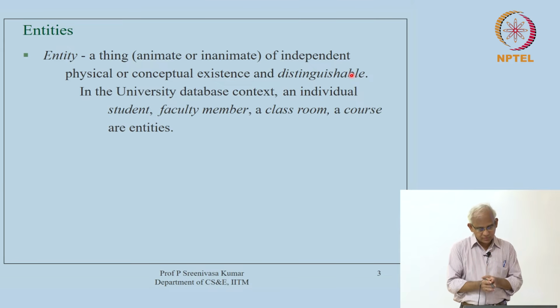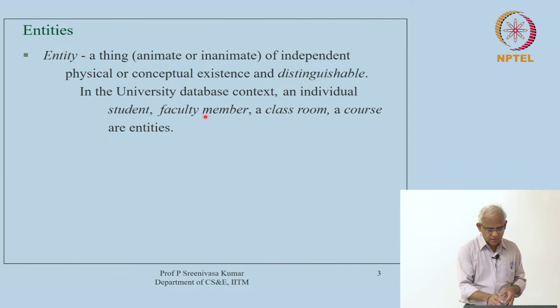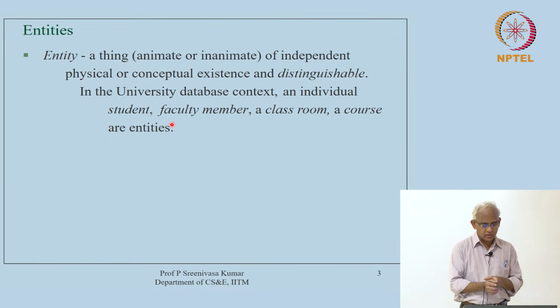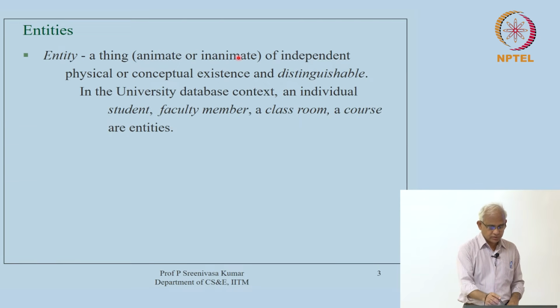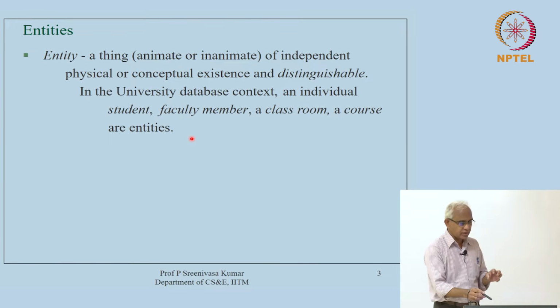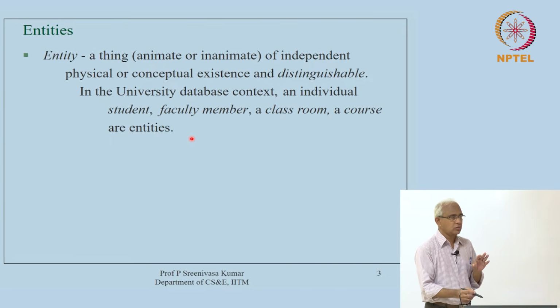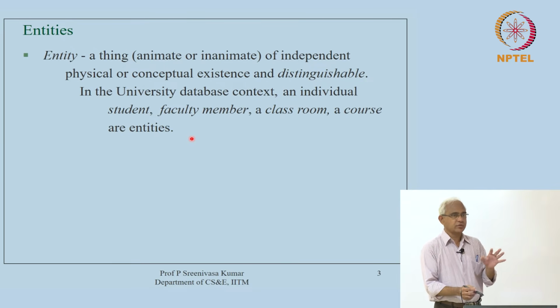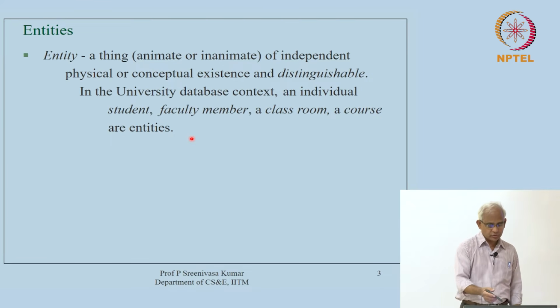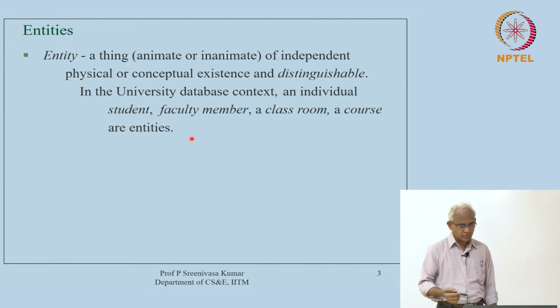All of them look alike, whereas here these entities are clearly distinguishable from each other, and they are of independent existence. This concept of entity is made use of in this data model to capture what are the entities of interest in the domain to be kept track of. Okay. So, for example, in the university database context, entities like students, faculty members, classrooms, courses, all of these things have to be kept track of.